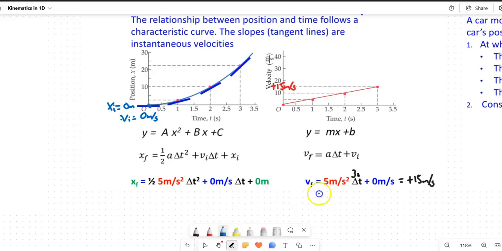In this equation right here, for this new velocity at 1 second, I'm going to plug in 5 meters per second for every second times 1 second.